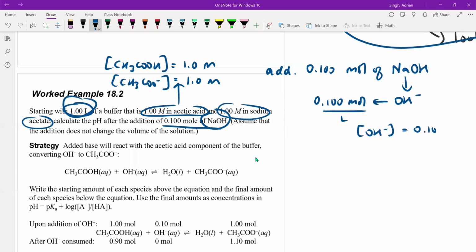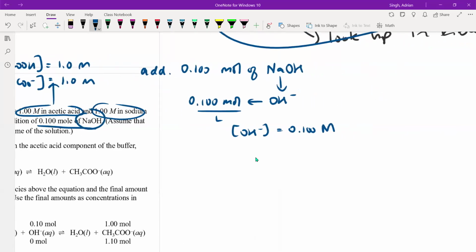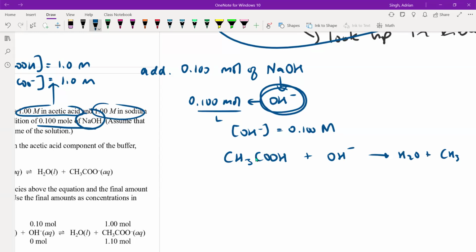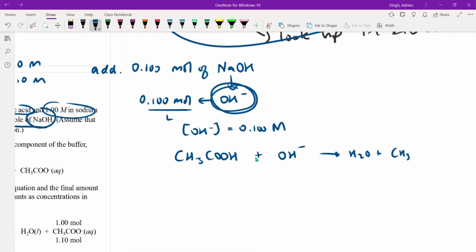So 0.100 molar. So in my buffer system, if I add the hydroxide ion to it, the acid component of the buffer, the CH3COOH, will react with the hydroxide to give us H2O, and then we also get the conjugate base, CH3COO minus, right?